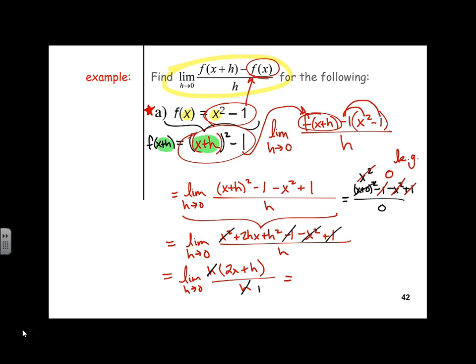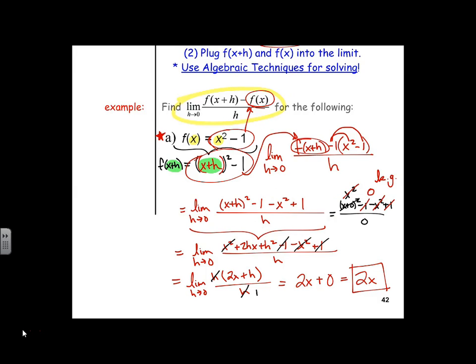Question: how do we finish this limit problem? Oh, we plug in h. Aha! That's exactly what we do. 2x plus, plug in h is 0, and you're left with 2x. That's weird. Yep. That's because in the very beginning we had not only h's, but we also had x's. So only the h's were getting substituted for, the x's were remaining.